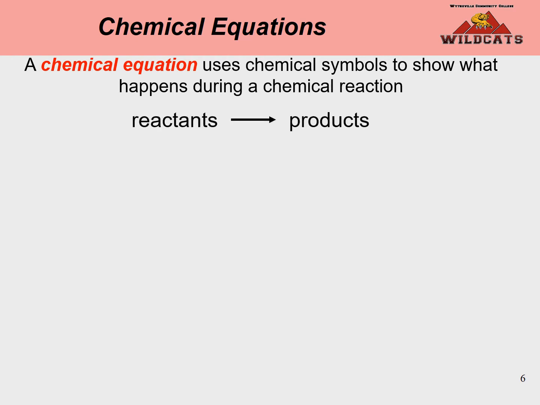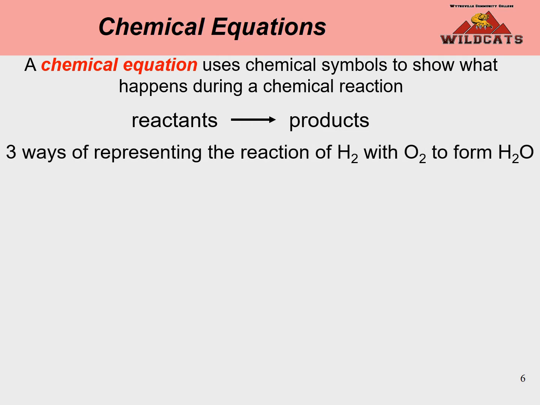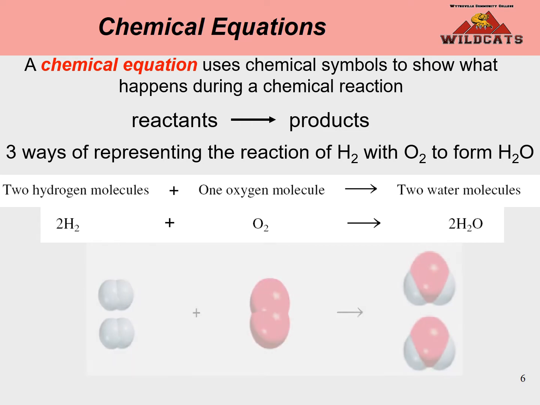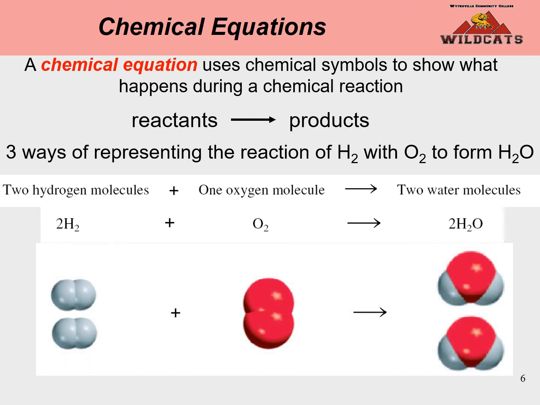So we can write this in words, or we can use our formulas that we started to put together in chapter number 2, writing the formulas for compounds and molecules. Or we can symbolize this by using space-filling models.